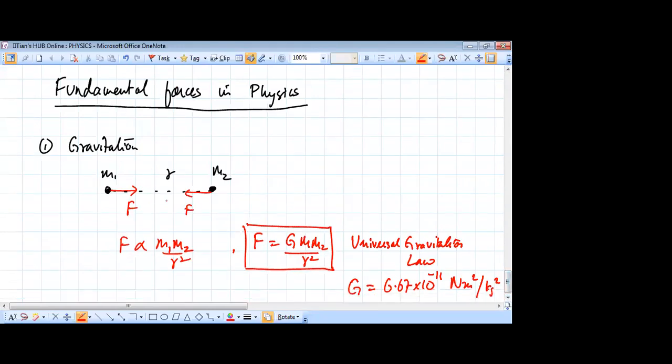So you can see here also action reaction. The force acting on particle 1 because of particle 2 is negative of the force acting on particle 2 because of particle 1.